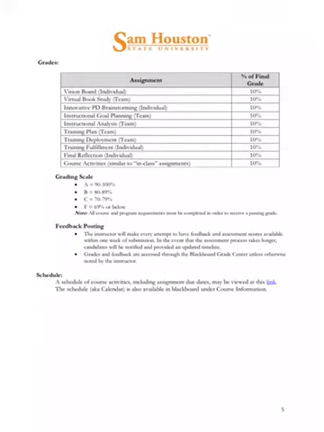So in this example, you'll notice that there are several assignments, and they each have a percent weight. So for this particular rubric, it was the virtual book study, and it was worth 10% of the overall grade. So those 5 points are actually worth 10% of your grade in the course.